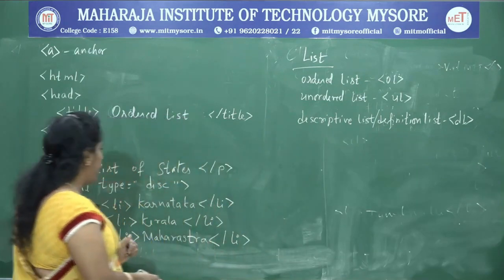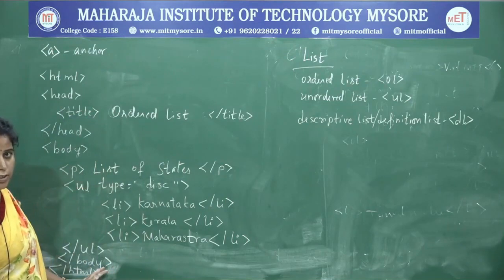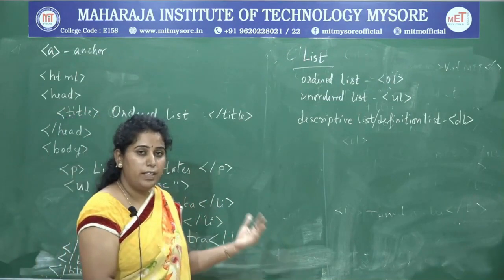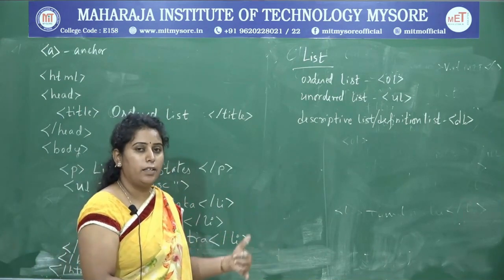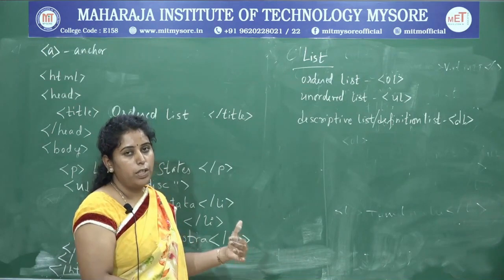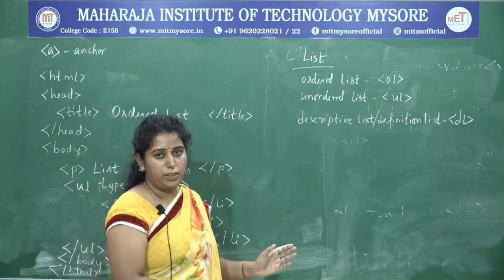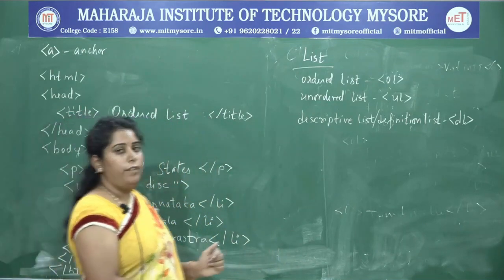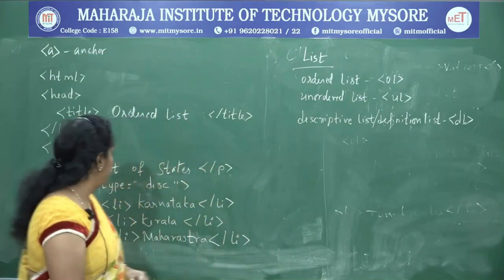So this is an example where we are implementing unordered list. In the previous example I illustrated nesting of ordered list, right? In the same way, a UL can be used instead of OL to create a nesting of list items. Okay. So finally, we will move on to another type of list, that is descriptive list.